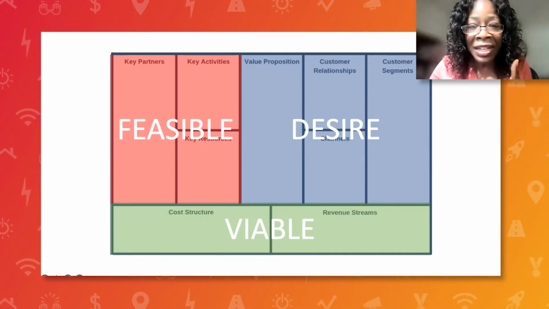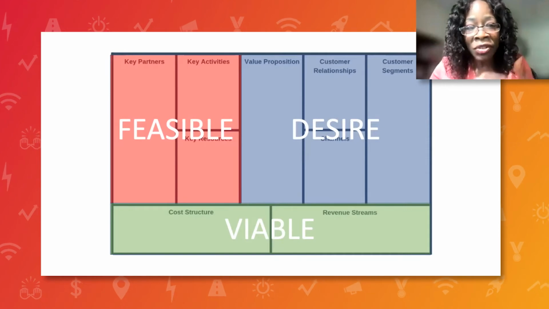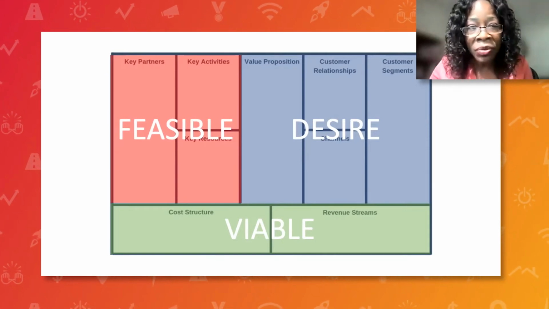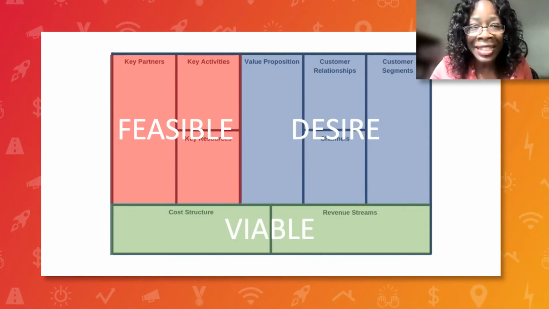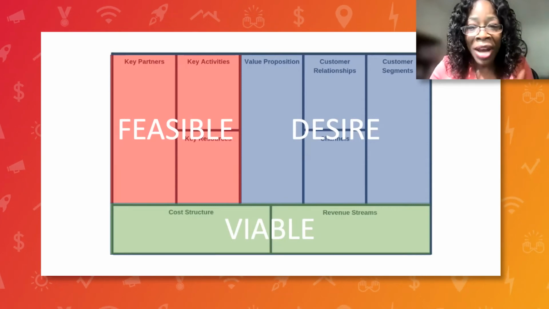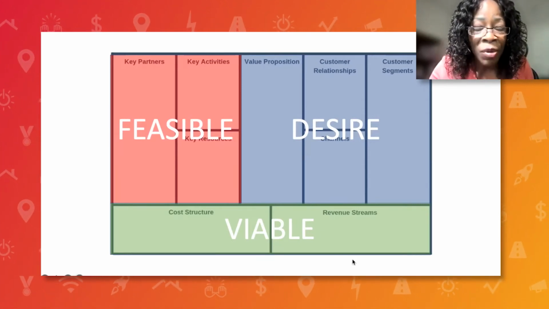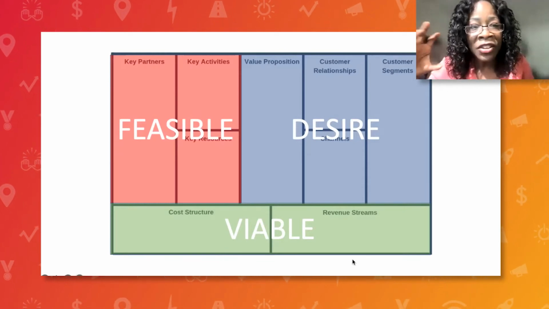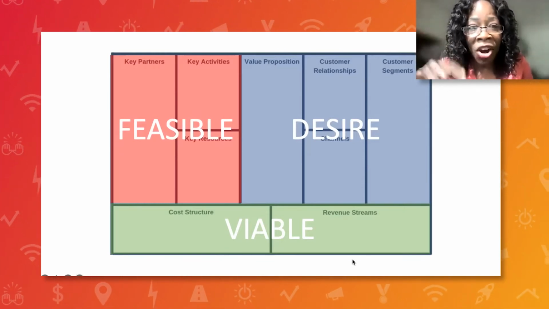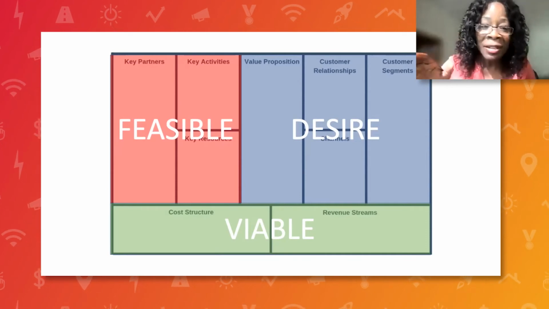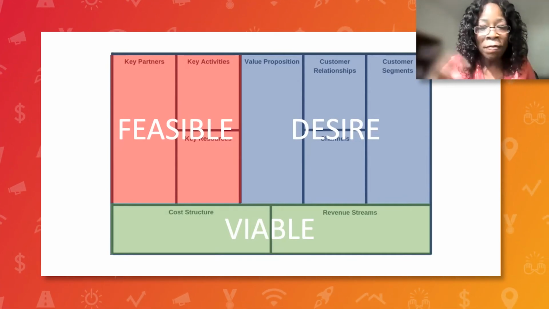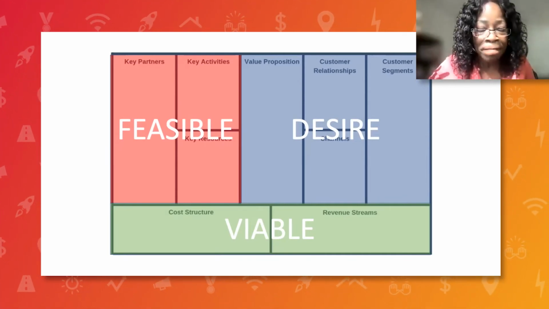And feasibility has to do with the key activities and key resources that have to be in place for you to have a business. And then the next thing is, is it viable? Can you make enough money to cover your costs? Not just cover your costs, but make a profit.